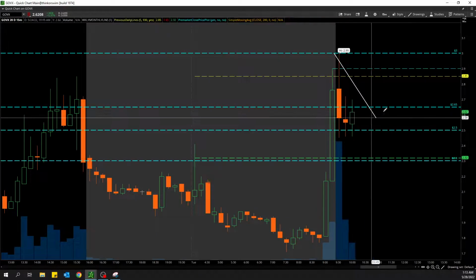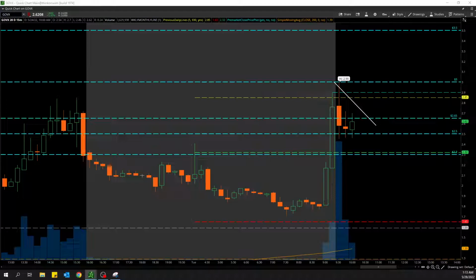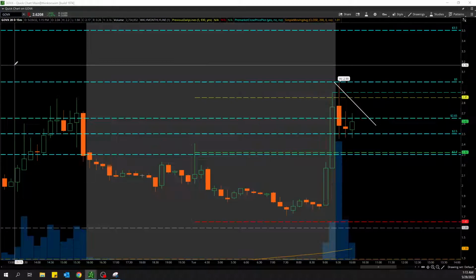Now let's break this down to the 15 because you still see some sideways price action. So let's circle this up to 10:15 and see what we got.